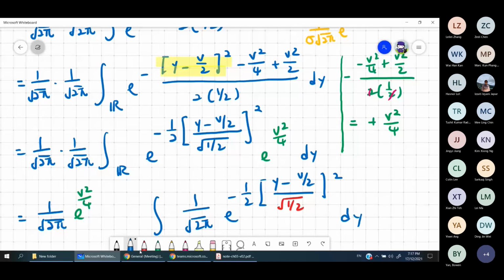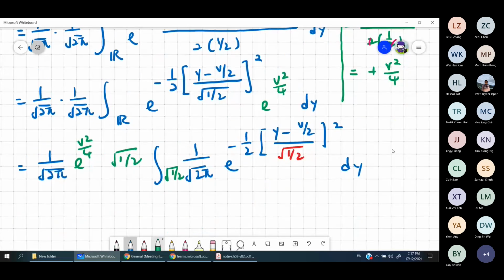Okay, so you might want to put this thing over here. That's why you have to put the square root of half over here to represent the sigma. So you cannot have an extra, so you have to multiply 1 over square root of 2 here. Okay, so you can see this whole thing will end up being 1.